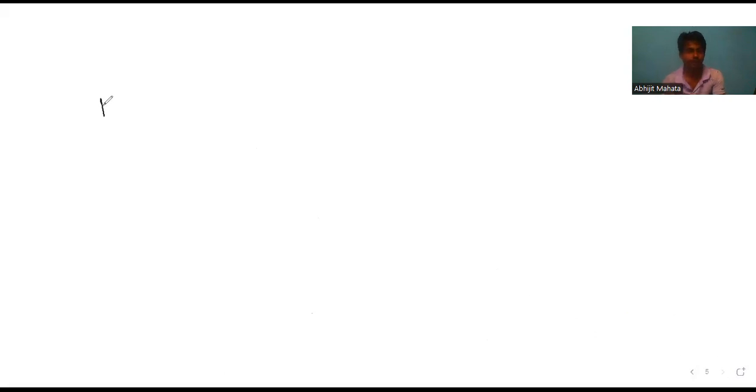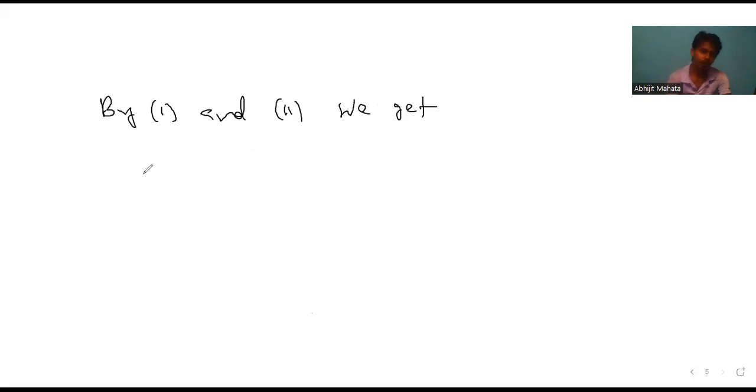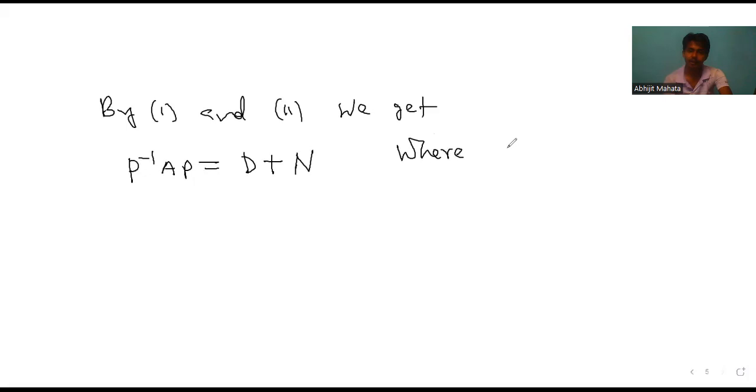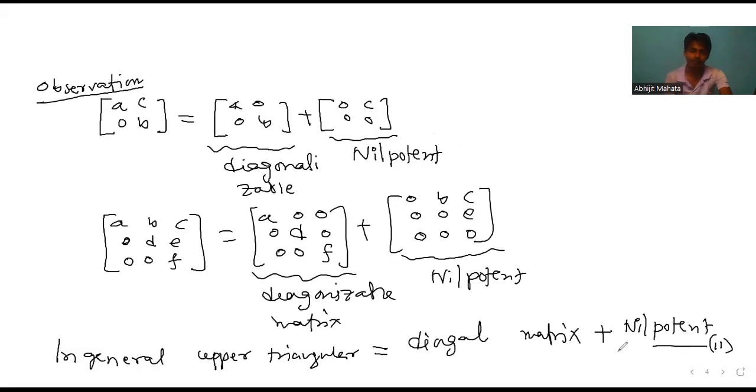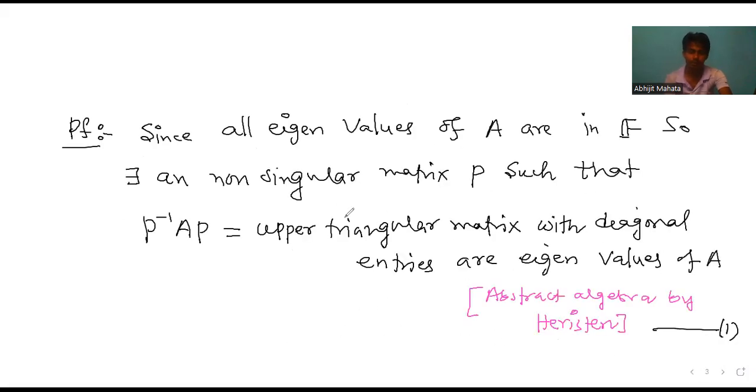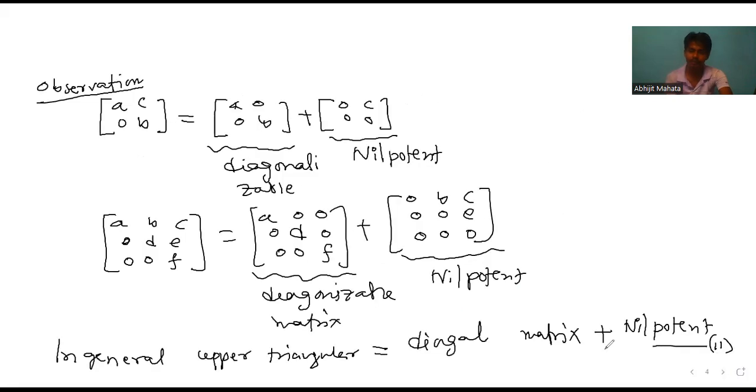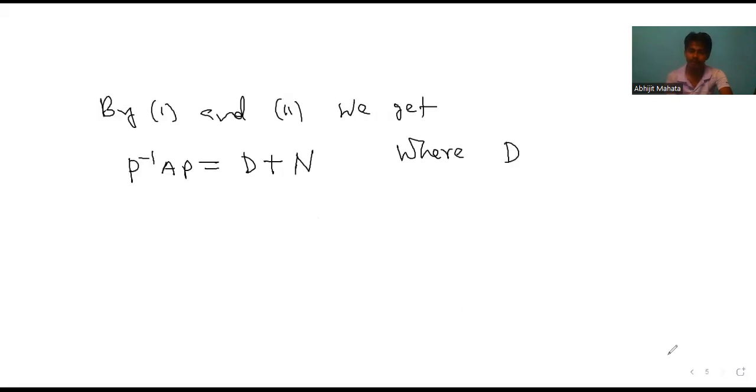So by 1 and 2 we get that P inverse A P equals a diagonal matrix plus a nilpotent matrix, because in part 1 the upper triangular matrix we can replace by a diagonal matrix plus a nilpotent matrix.